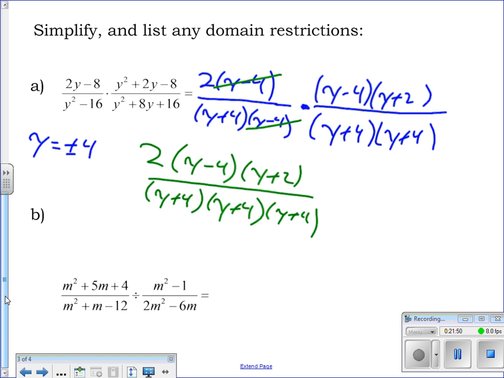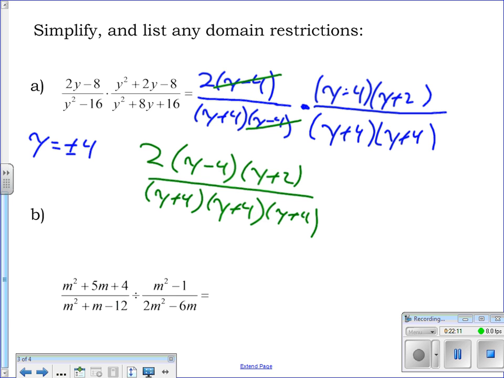For y minus 4 and then y plus 2, wouldn't it be positive 4 and negative 2 because of negative 8 and 2? Well, now you wait to tell me now when I've already done everything else. Oh my God.